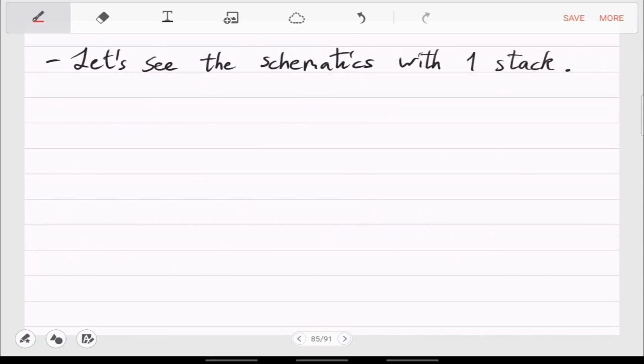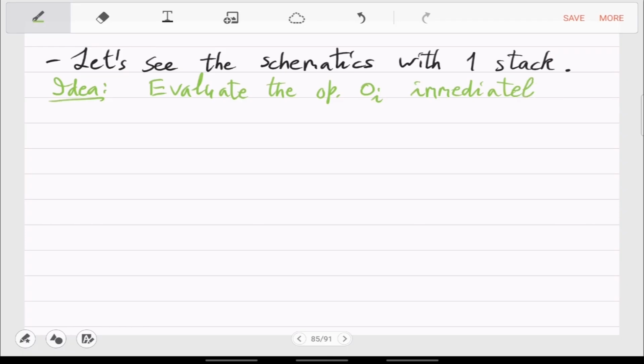So the idea will be: evaluate the operation Oi immediately if Oi is a local maxima with respect to precedence.